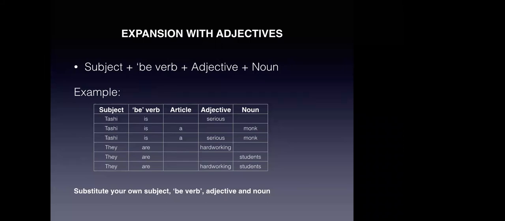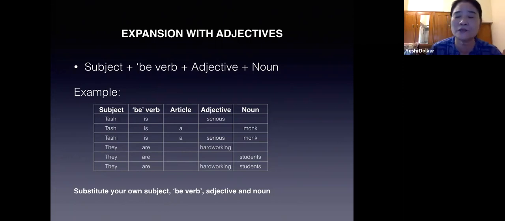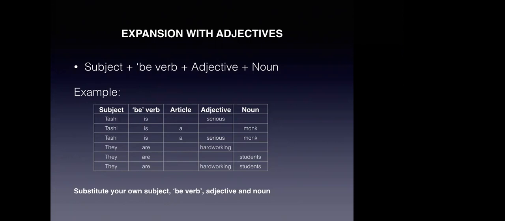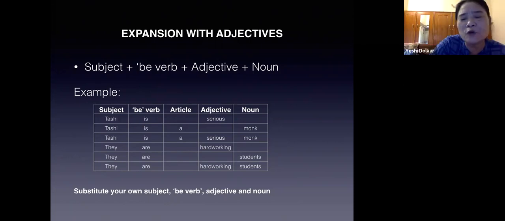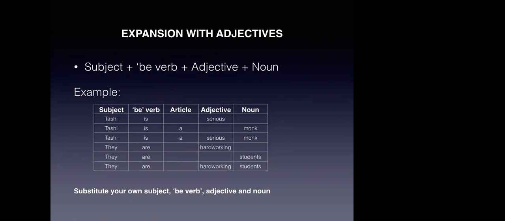So that's how I'm expanding the sentence with an adjective. And the adjective, please remember, comes before the noun you are describing: serious monk, hardworking students. It has to come before the noun that you are describing.